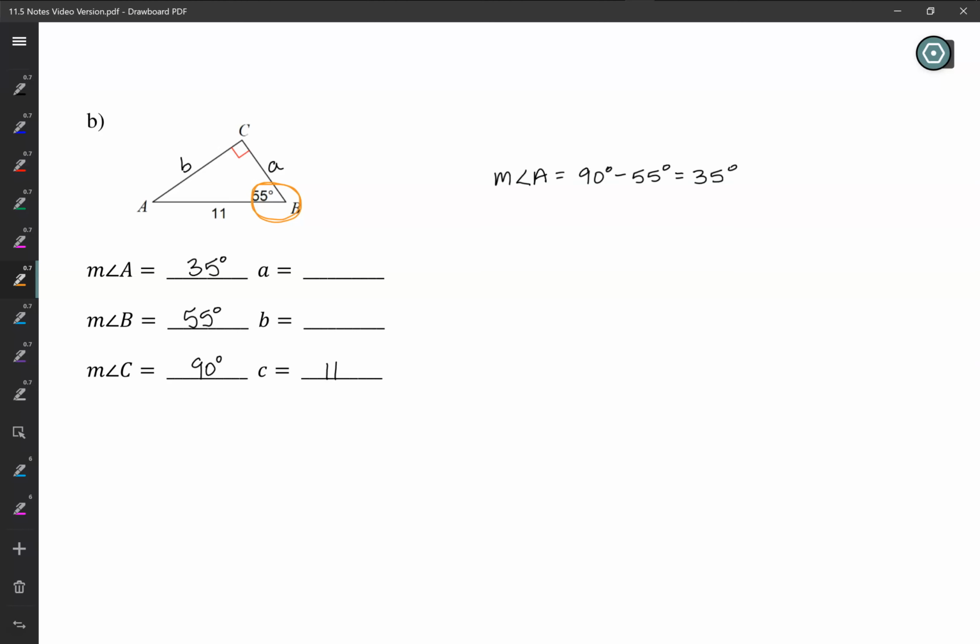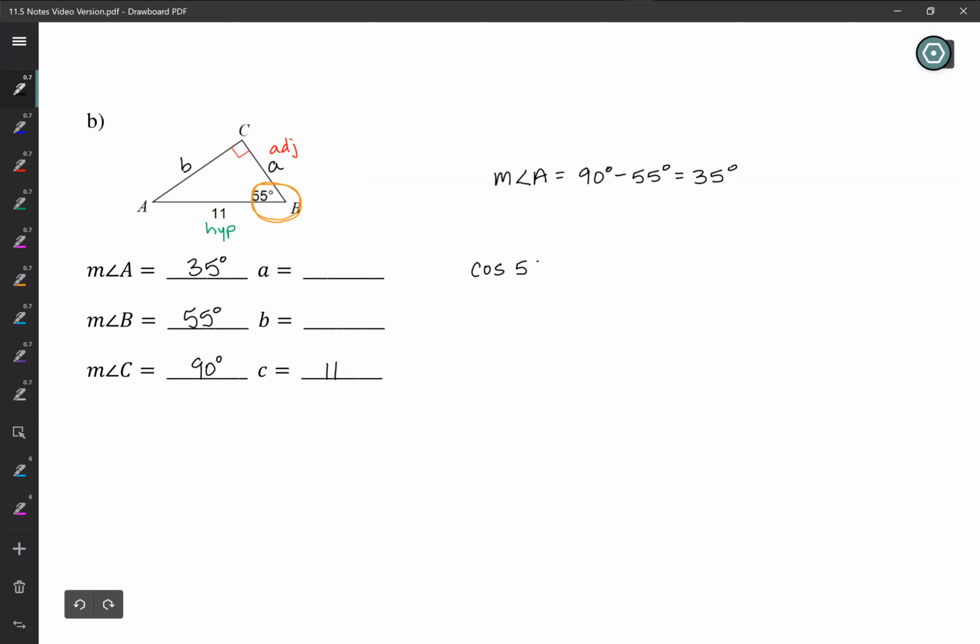I'm going to go for A first. The 11 that I know here is the hypotenuse. And A is right next to the 55 degrees, so A is adjacent. Adjacent, hypotenuse, cosine.